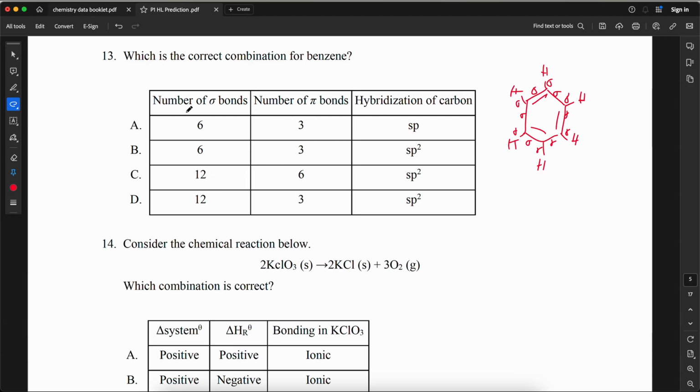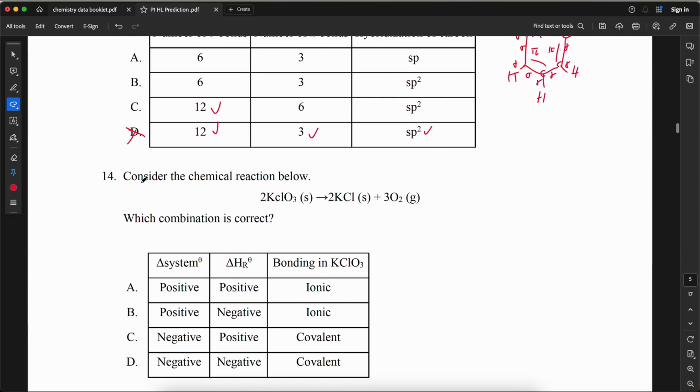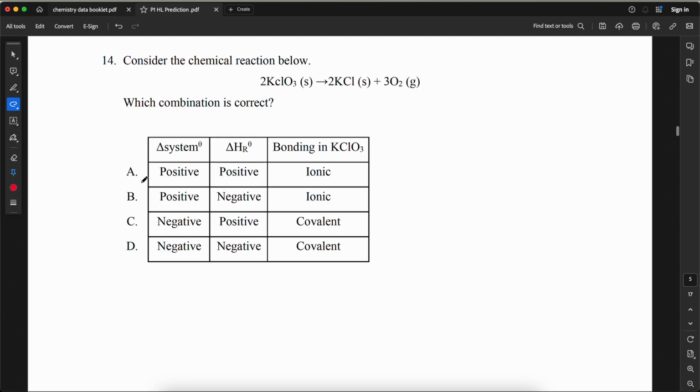So 12 sigma bonds, and pi bonds 1, 2, 3. So 3. sp2. So every single C has 3 domains, right? So it's sp2. The answer is D. Consider the chemical reaction below.